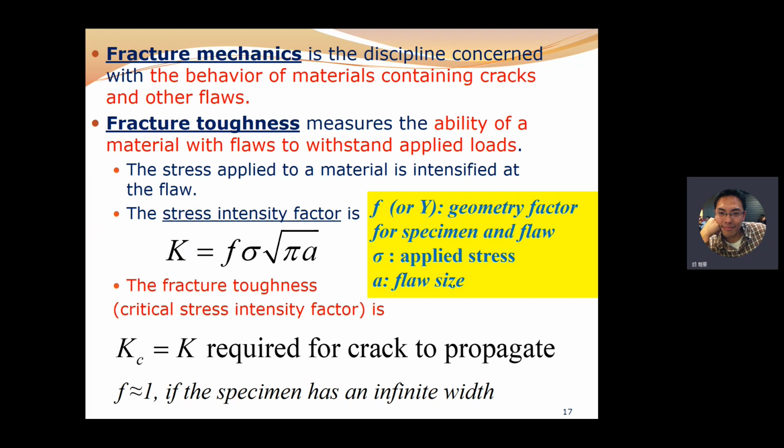So let's look at some parameters such as the fracture toughness, which is the measurement of the ability of materials with flaw to withstand applied load. We already mentioned the toughness, right? We look at the stress and strain curve, and the area under the stress and strain curve is defined as the toughness. And the fracture toughness is that this material already has a flaw inside.